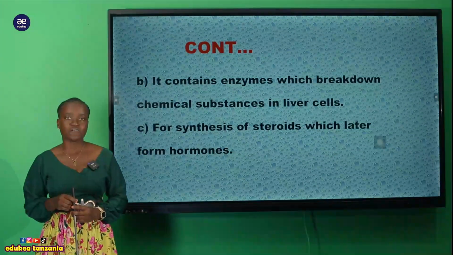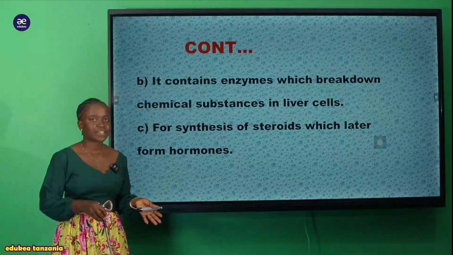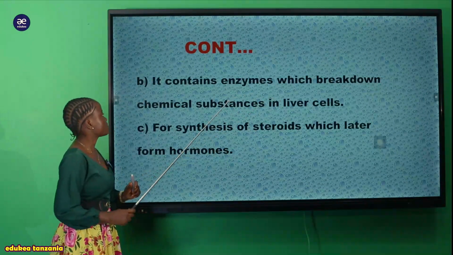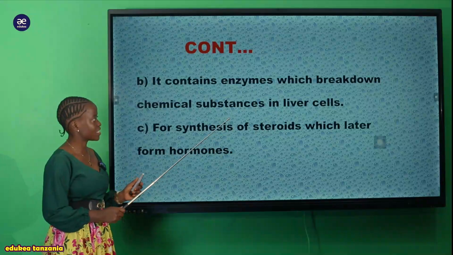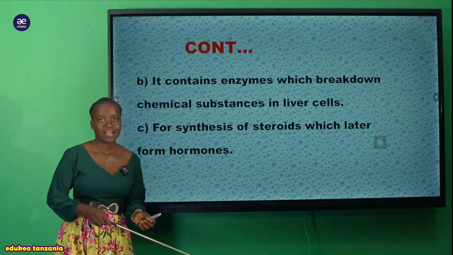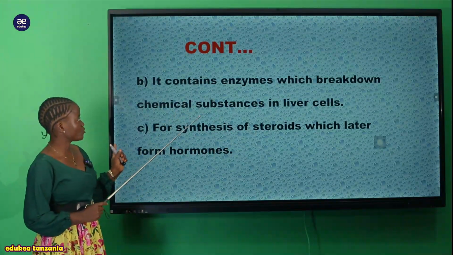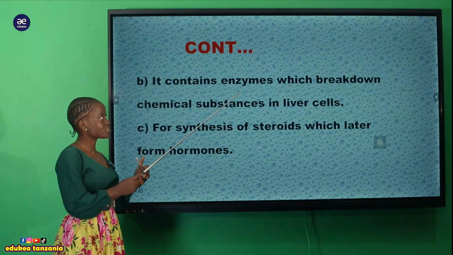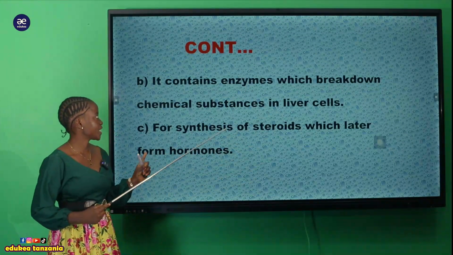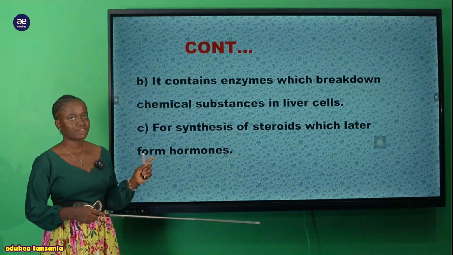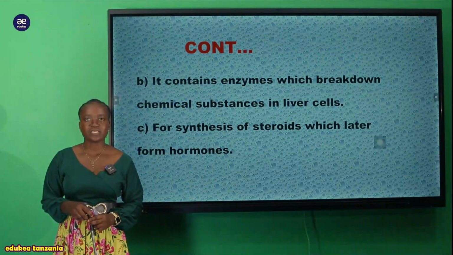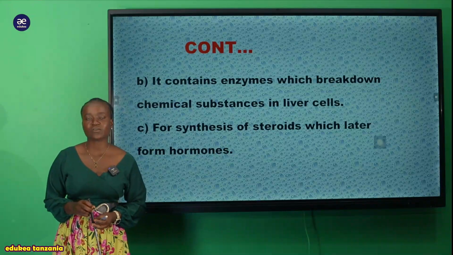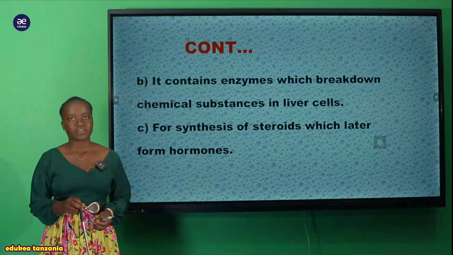Another function of the smooth endoplasmic reticulum: it contains enzymes which break down chemical substances in liver cells. So hii ambayo tunaita smooth endoplasmic reticulum contains enzymes which break down chemical substances in the liver cells. Remember, we have seen that the smooth endoplasmic reticulum is located within the liver cell.